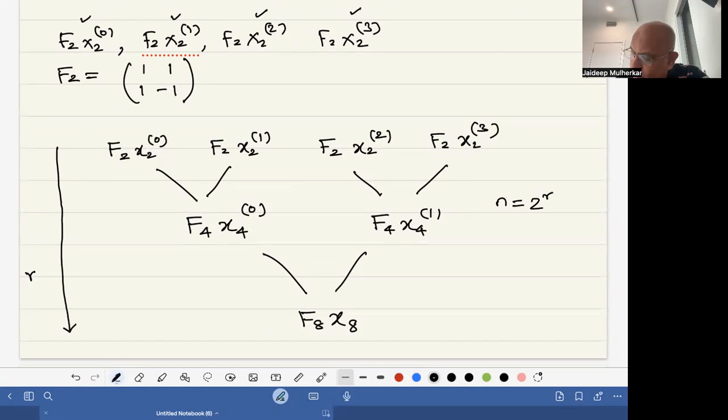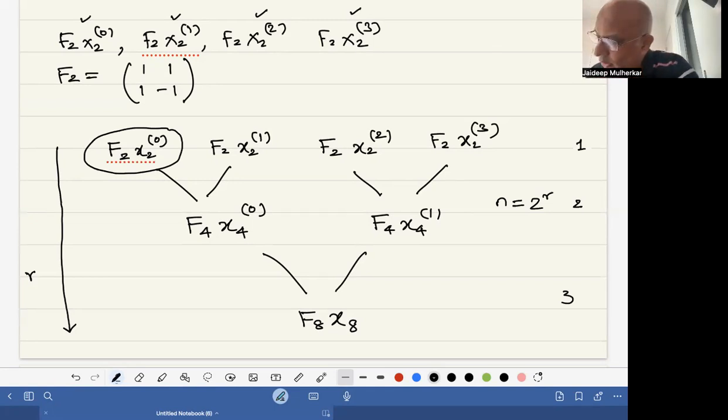So first let's figure out how many of these components there are. I will call this a component, so this is one component. If I take the level, this is level 1, this is level 2, and this is level 3. So there are r levels. At each level, how many components? 2 to the r minus j, right?